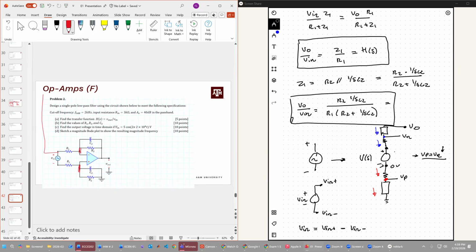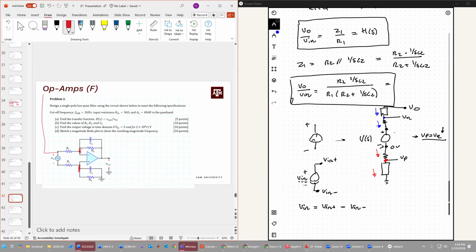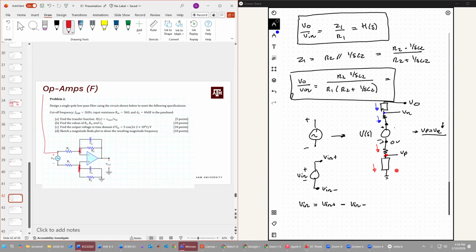That way you can take those voltage points directly and use them to solve your problem. So that's what I did to get to this final solution. I think when you do that, it becomes super fast. But you want to get back to this term somehow, this Vn plus minus Vn minus. And I was able to get there.